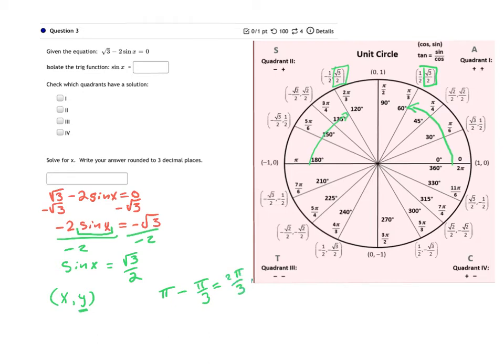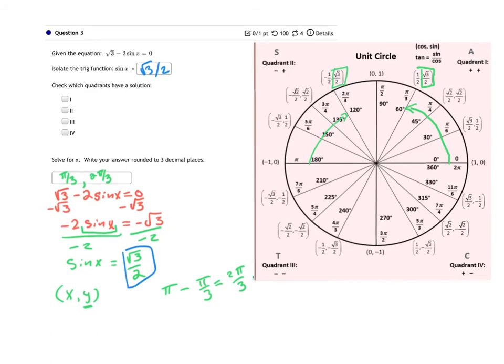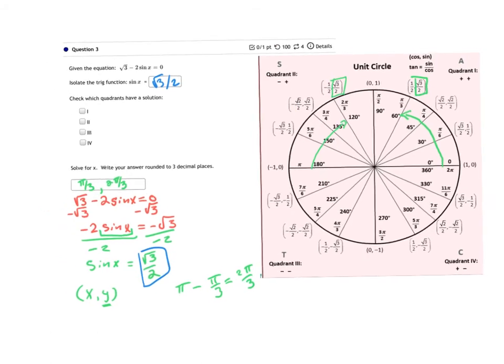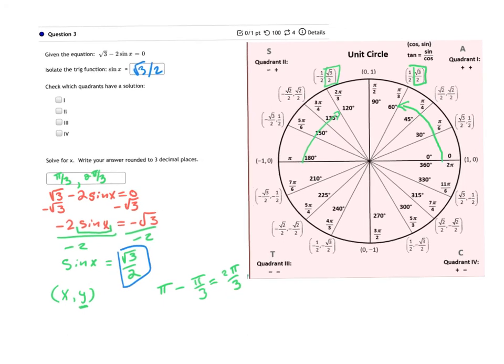So my two answers here are going to be pi over 3 in the first quadrant and 2 pi over 3 in the second quadrant. And then we also should write our answer up here, the square root of 3 over 2 in that spot there. Now, just like with cosine, we can also do sine questions by just using the calculator, and I'm going to show you how to do that next.